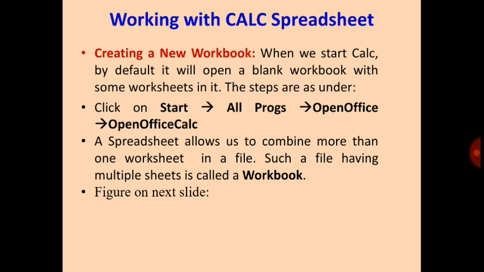A spreadsheet allows us to combine more than one worksheet in a file. So a workbook is a collection of more than one worksheet. Such a file having multiple sheets is called a workbook. We can see in the figure in the next slide.